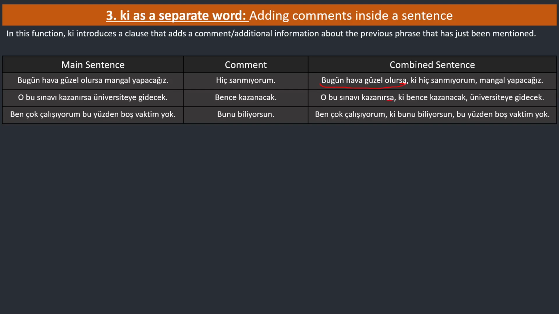If the weather is nice, if he passes the exam. If there's no sa or se, you should look for conjunctions or other things like bu yüzden, that's why, or because of this, or conjunction here. It combines the sentence. So you should insert the comment before it. Çok çalışıyorum ki bunu biliyorsun. Bu yüzden boş vaktim yok. You should insert it in the middle of the two clauses.